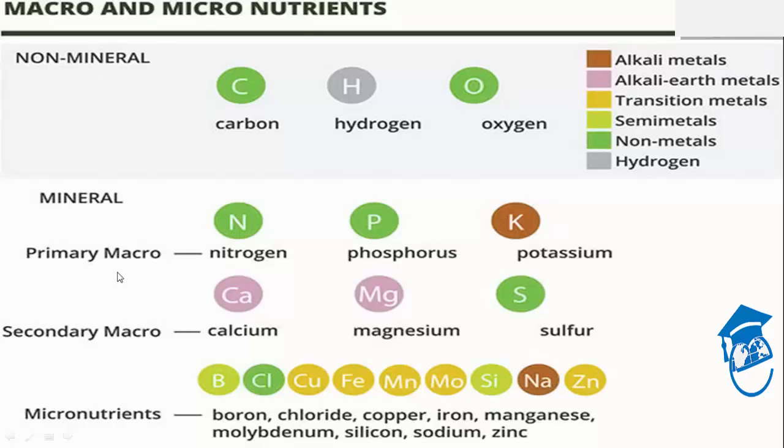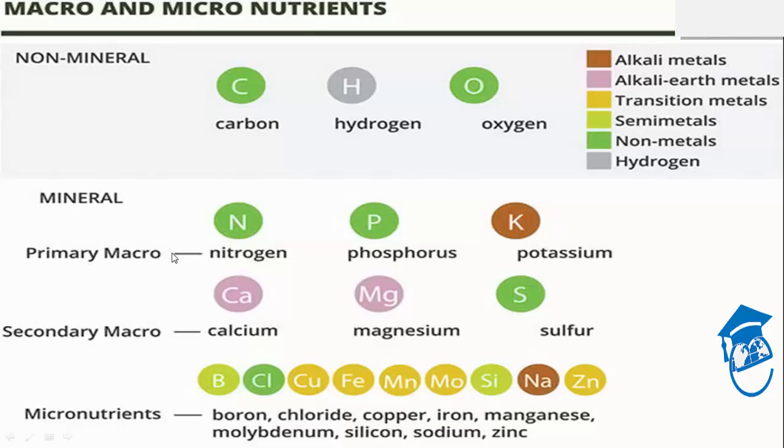Primary macro are nitrogen, phosphorus and potassium. Secondary macro are calcium, magnesium and sulphur. And micro are boron, chlorine, copper, iron, manganese, molybdenum, silicon, sodium and zinc, students. So these are your micro.